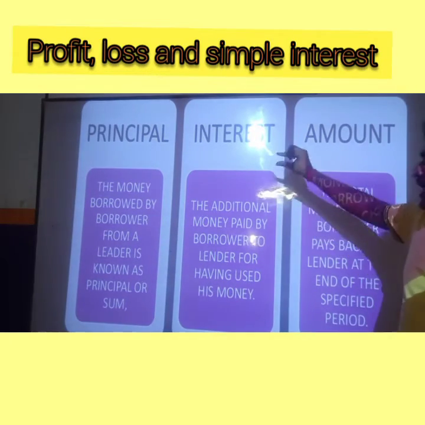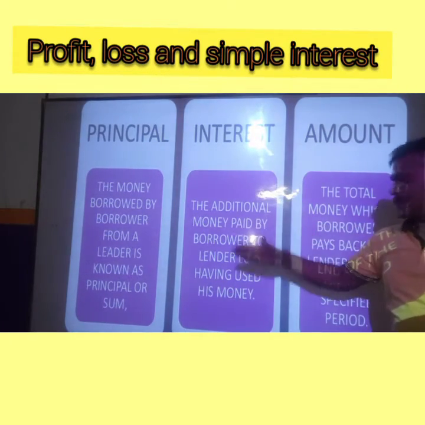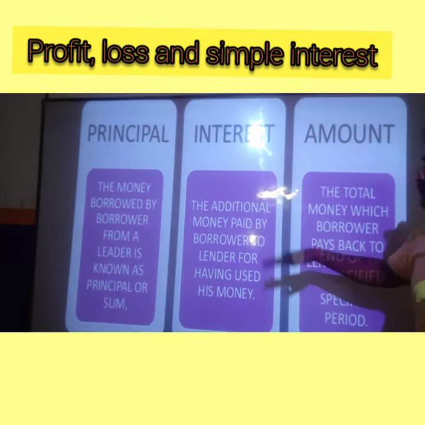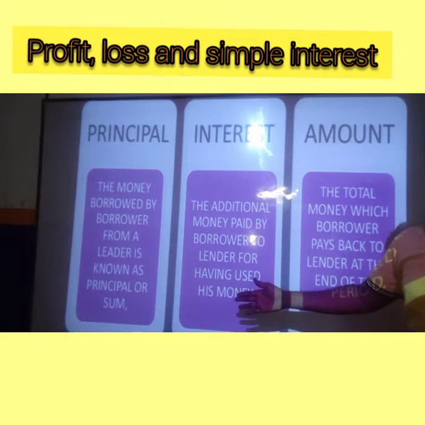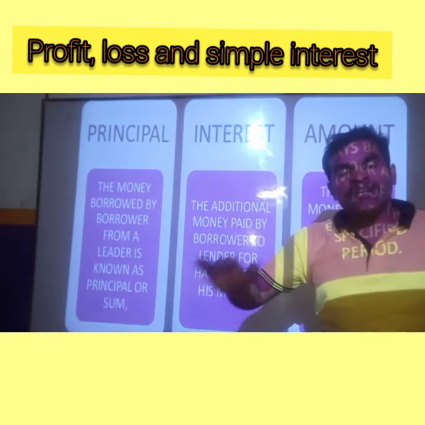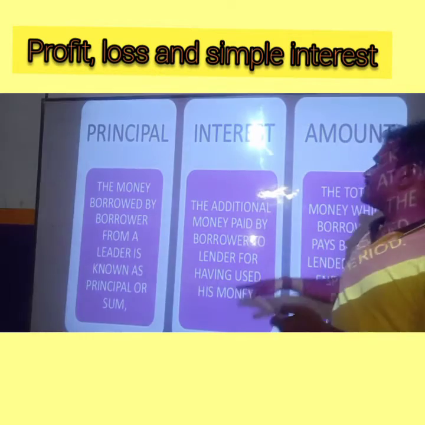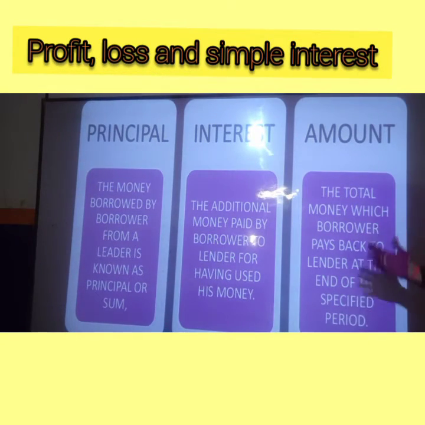Interest is the additional money paid by the borrower to the lender. That money is called the interest. And amount is the total money which the borrower pays to the bank or to the lender.